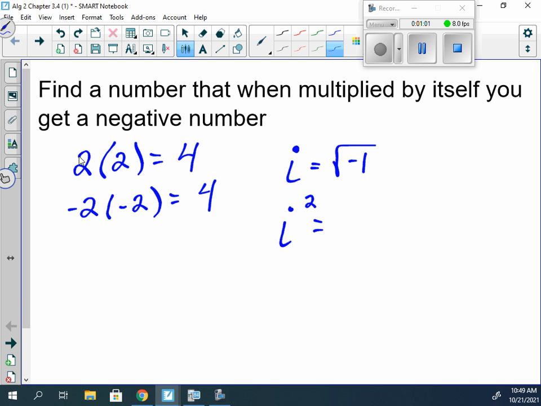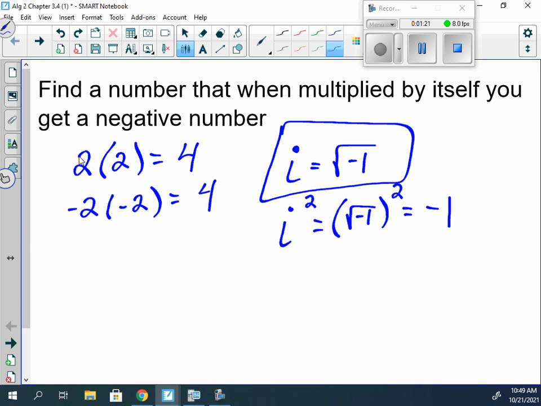Because if i is the square root of negative 1, well, the square root of negative 1 squared would be negative 1. So this is our i, our imaginary number. And this here is what helps us get the square root of a negative number. We have i. i is the way that we can do this.